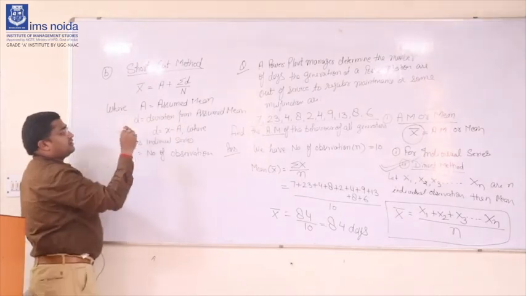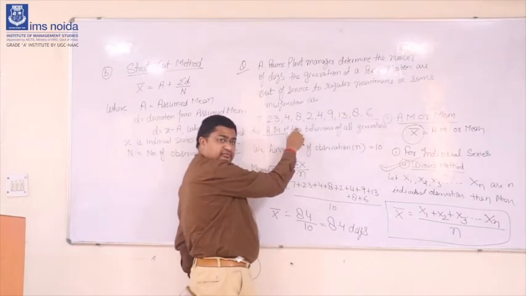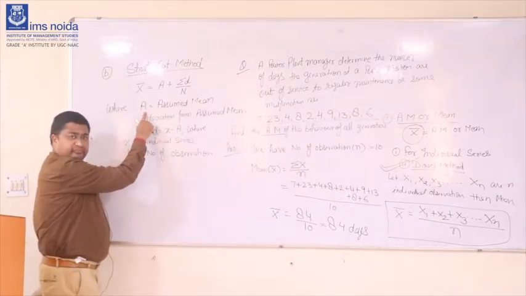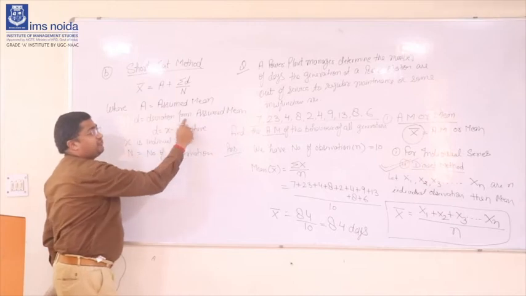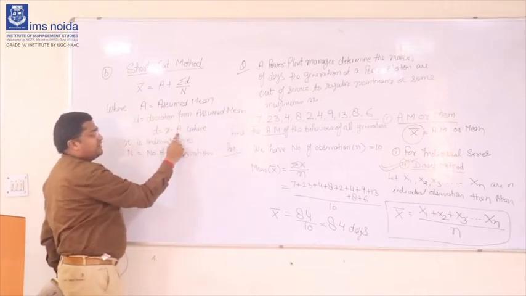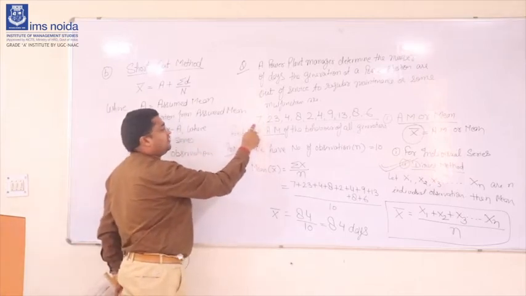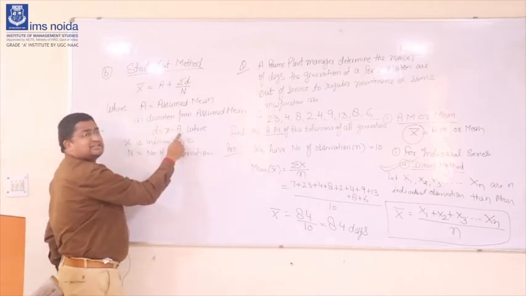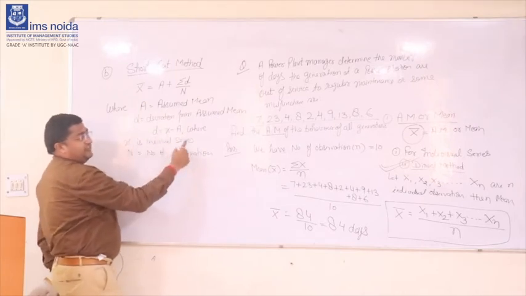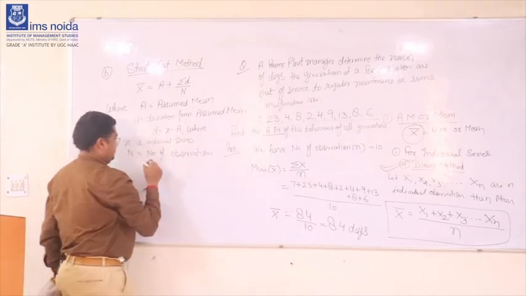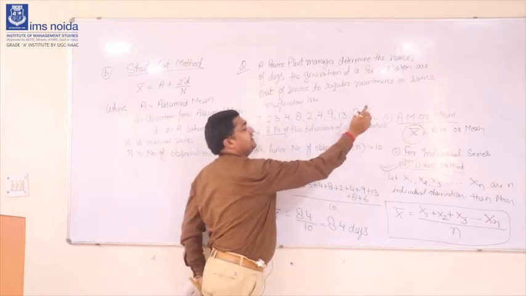So first you will identify the assumed mean in this observation, which is represented by A. Next, calculate D. D means deviation from the assumed mean, that is, each observation minus the assumed mean you have selected, where X is the individual series and N is the number of observations, that means 1 2 3 4 5 6 7 8 9 10.